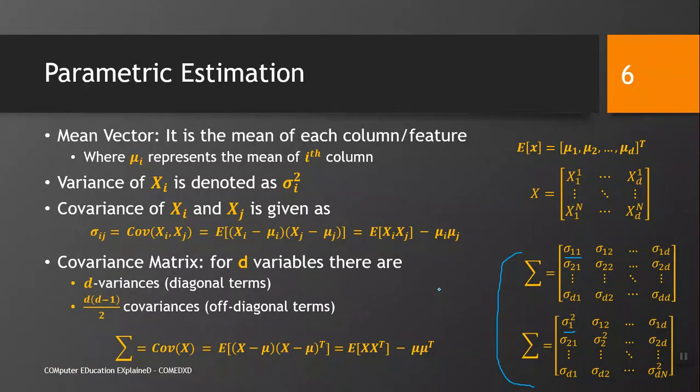I hope that two concepts are very clear to you on this slide. Number one, we will not find a single mean, instead we will find a group of means, one mean for each feature, and we will not find one variance, but a set of variances, a matrix of variances, which will be given like this with the help of this matrix.